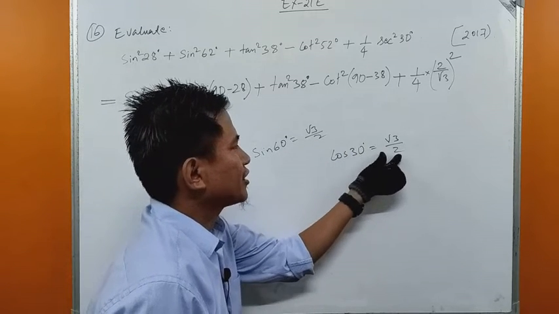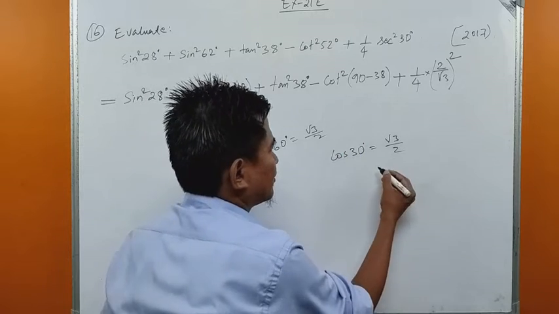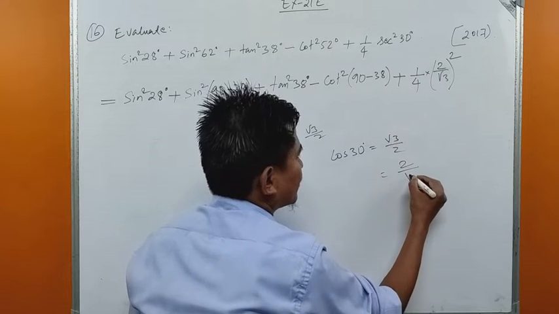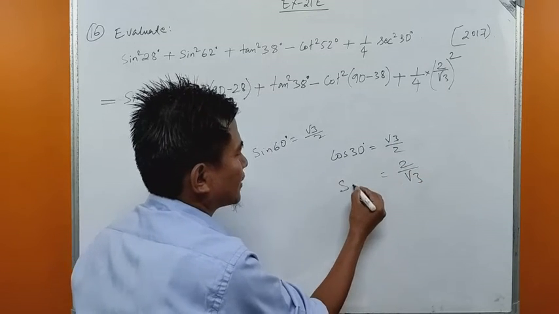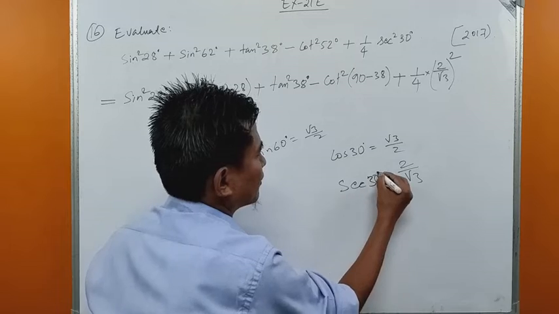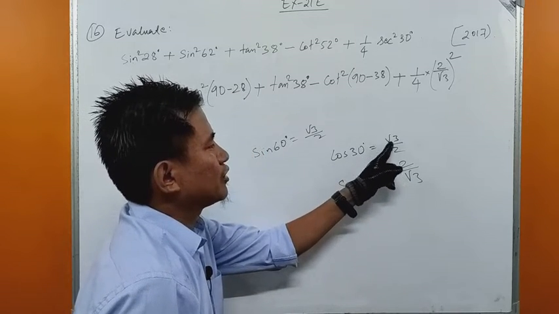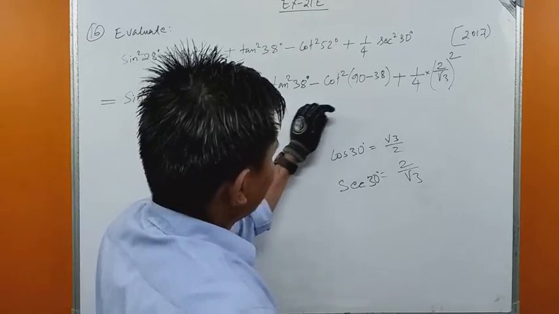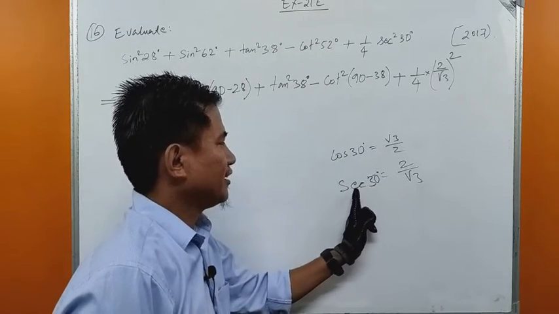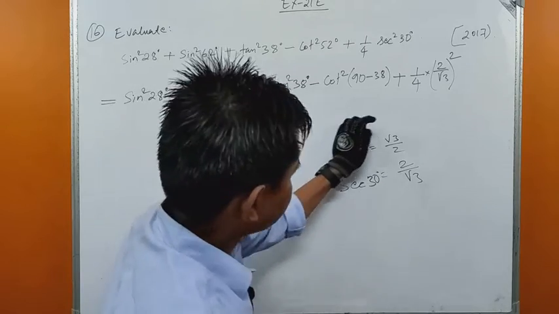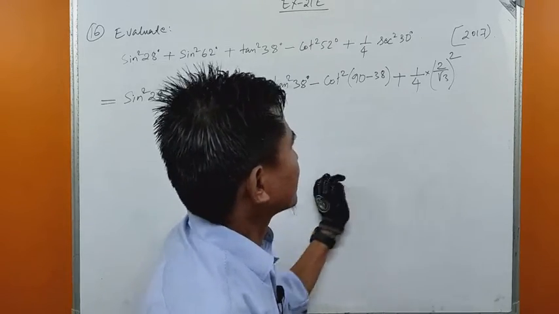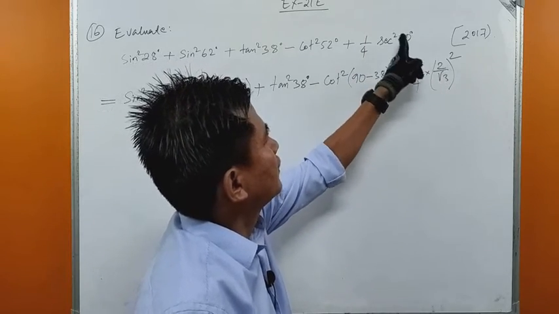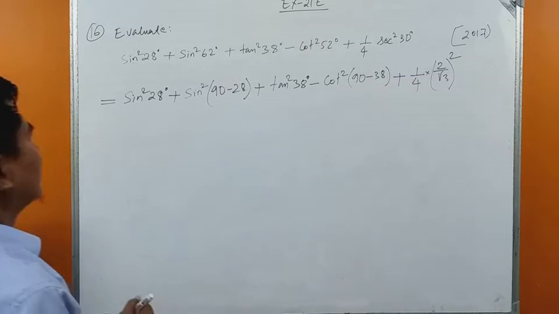If you know the value of cos 30 degree, you can just take the number from denominator to numerator and numerator to denominator. Cos theta and sec theta are reciprocal of each other. If cos 30 is root 3 by 2, then sec 30 is 2 by root 3. So sec square means we put the square here.